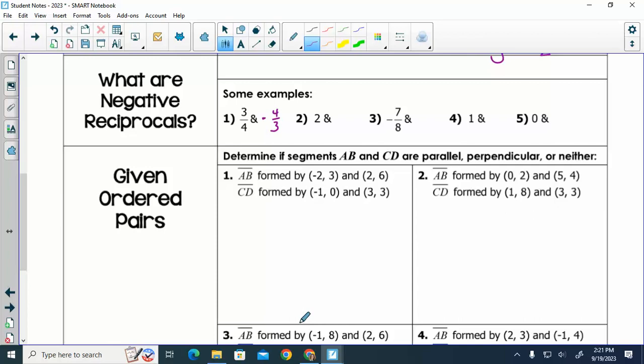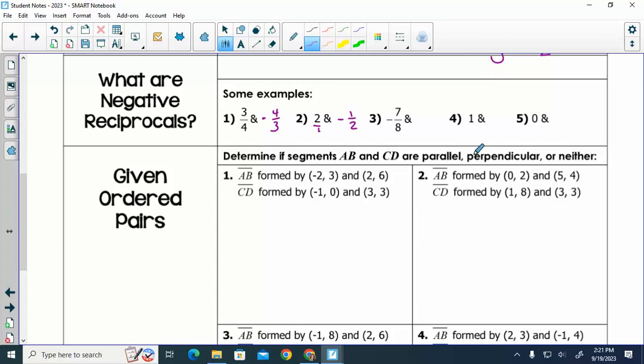If we had positive 2, this is like 2/1. Negative 1/2. Yeah. Flip it and change the sign. Anytime you have a number, if you don't have a fraction, we can always put it over 1. And then we flip it.